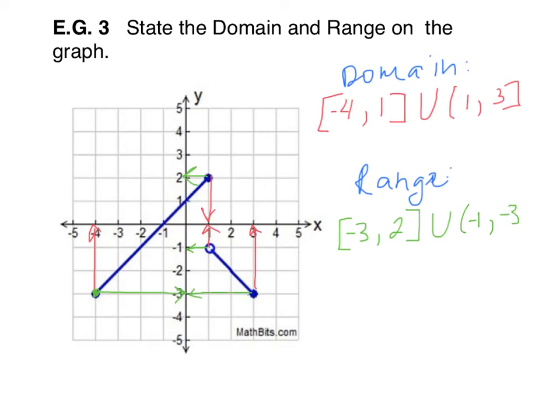This is all for y. You have to make sure you're focused on whether you're looking at the x numbers or the y numbers. So the range is the y. And so it ends at -3 here, solid point, so it's going to have the hard bracket, and that's the range for this graph.